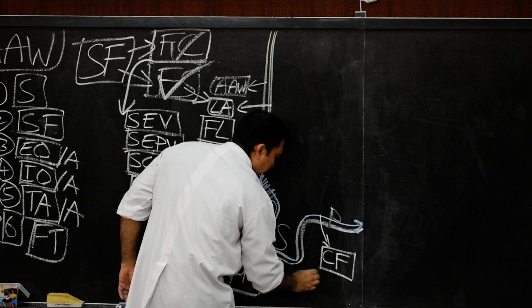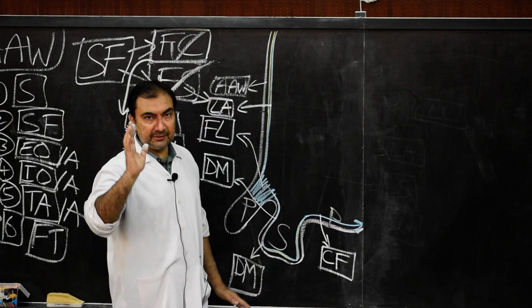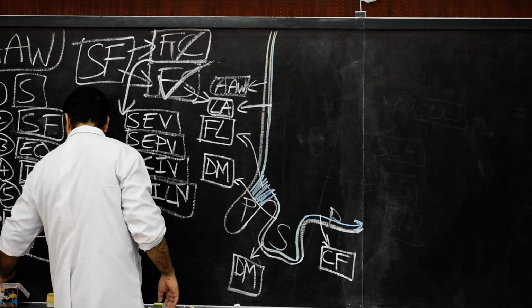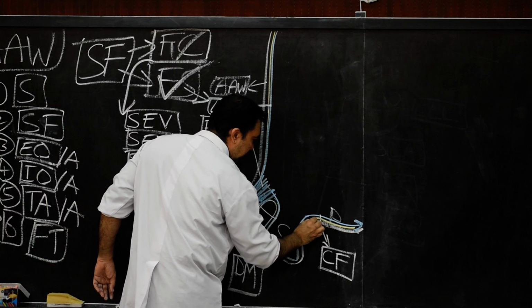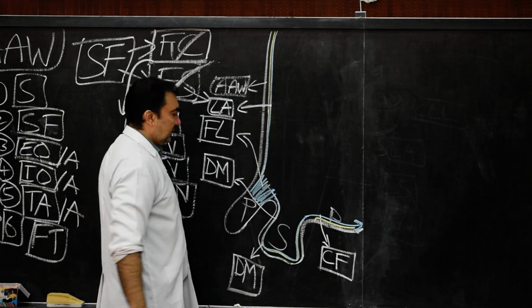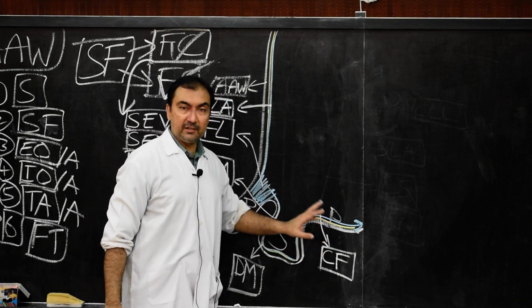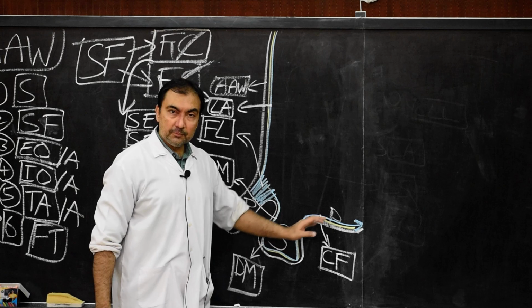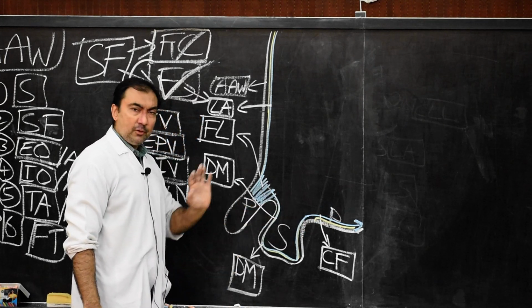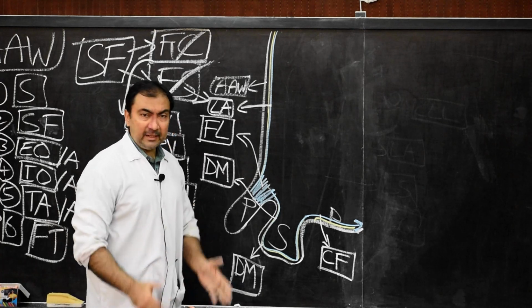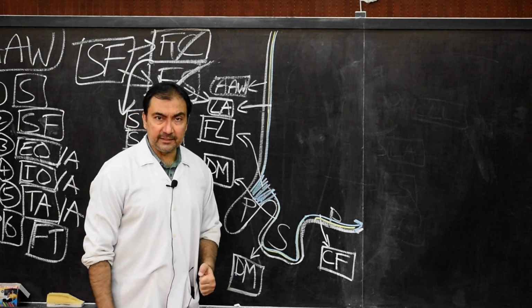Remember, the fascia of the perineum is called Colles fascia. So here it will be continuous with the Colles fascia, and if I draw this way, this is the Colles fascia. So it is attached to the Colles fascia of the perineum posteriorly.